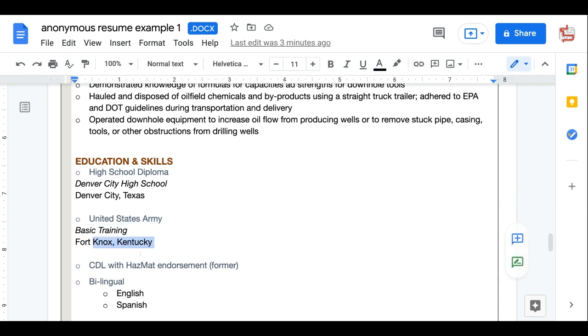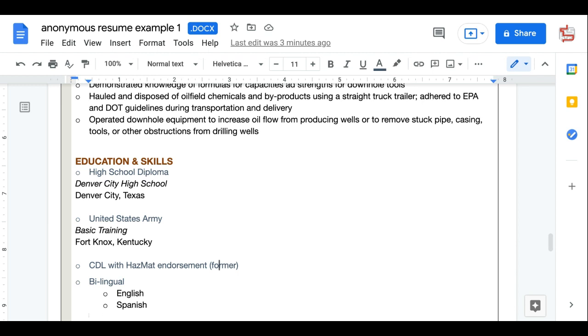That information is there. And again, I just reiterated that they were bilingual. It's okay to reiterate really important skills like communication skills, language skills, technical skills, and so forth. And for this specific example, we also wanted to highlight that the person had a CDL that had the hazmat endorsement. So that was related to the specific job that they were doing.